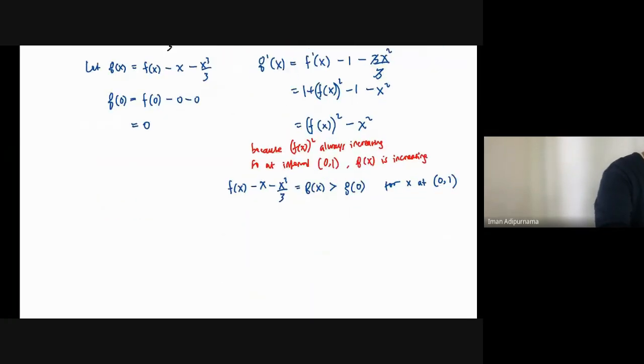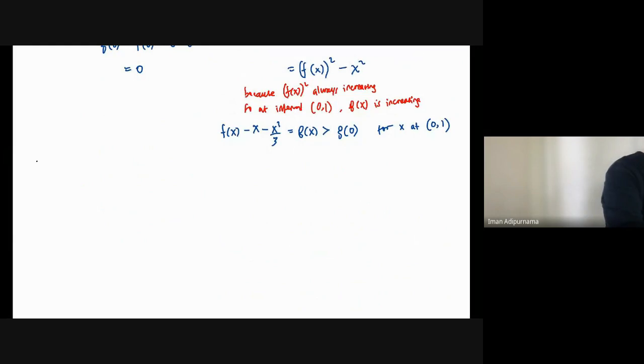Number D is f inverse, f inverse prime. Anyone remember how to find this? The derivative of the f inverse? 1 over the f derivative. So 1 over f prime of f inverse of x.